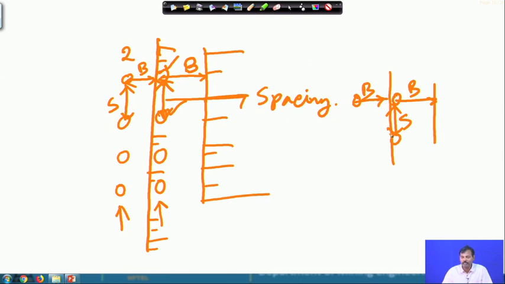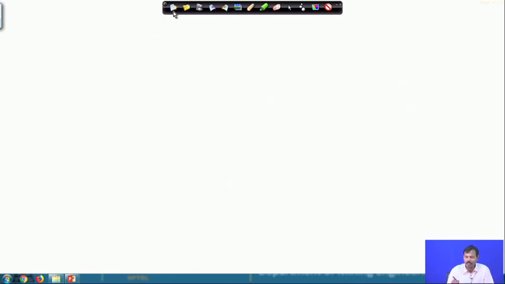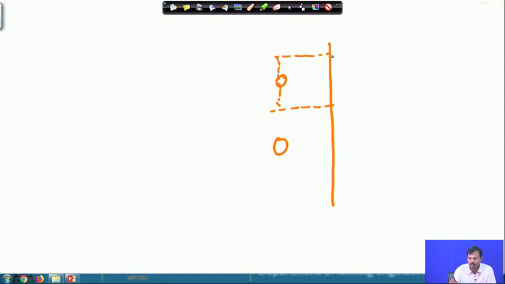But basically where is the importance of the spacing? The importance of the spacing is that if you are considering there are 2 holes in one row, placed side by side, the zone of influence of blasting for the first hole is up to this and for the second hole is up to this.